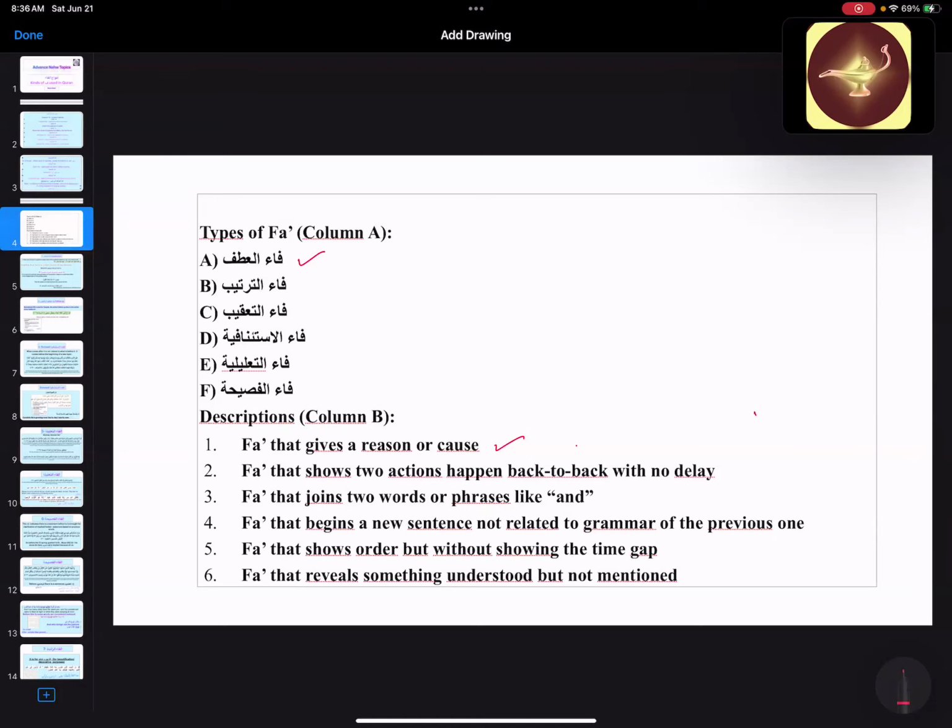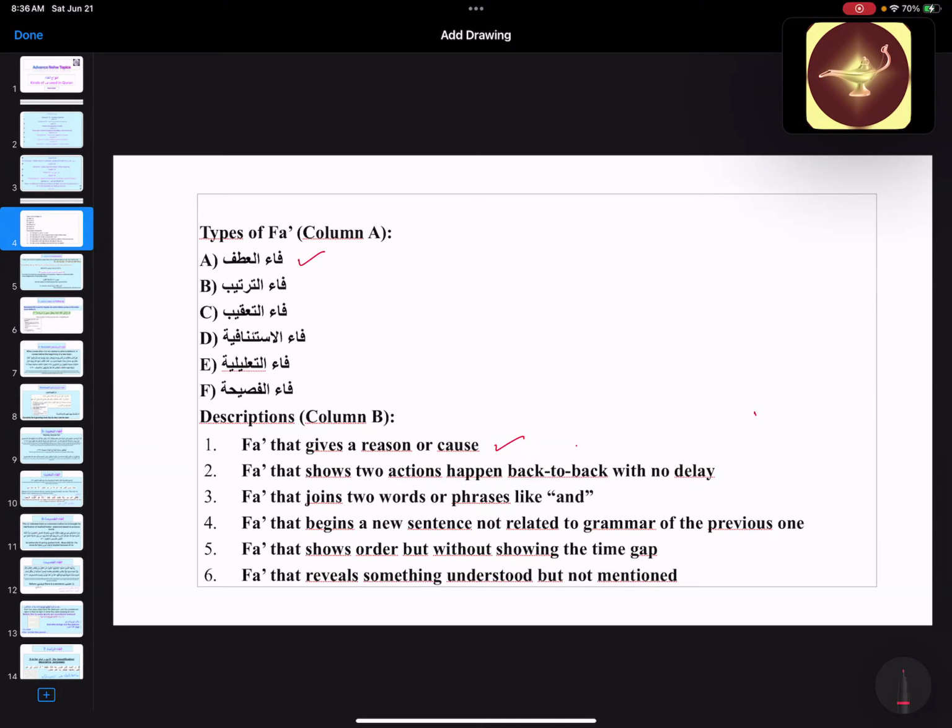Fa that shows two actions happen back to back with no delay. Which one? Taqib. So that is taqib, where the second action is happening immediately, without any delay, right?